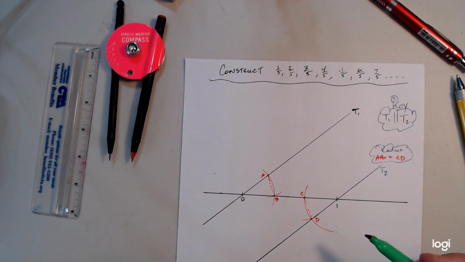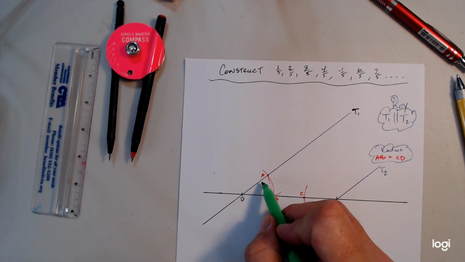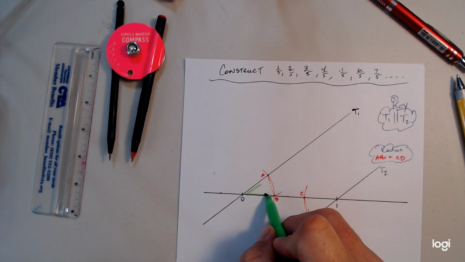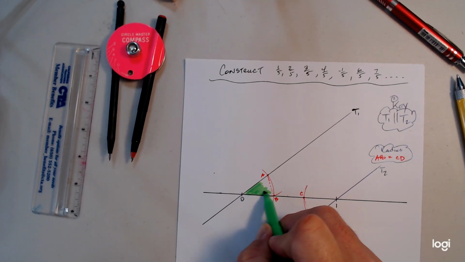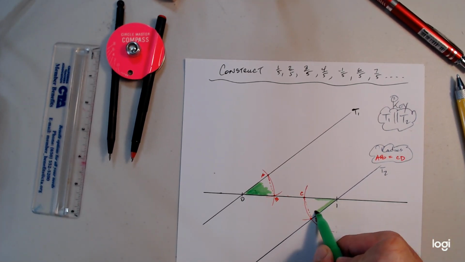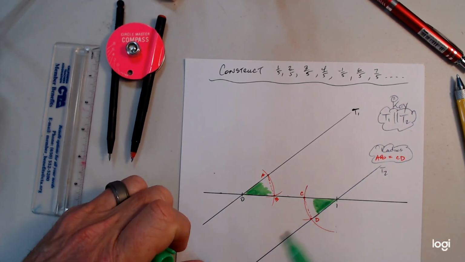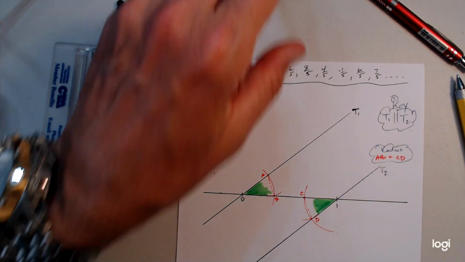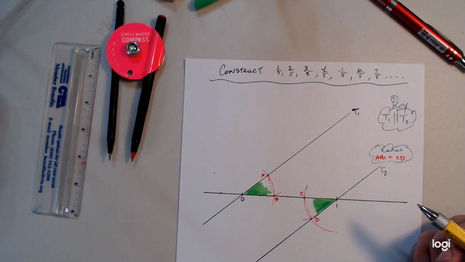I'm going to go back to geometry because I forgot to do this in my first construction. This angle that I'm highlighting in green, these angles are congruent because I constructed congruent angles. I don't know if you guys remember this from geometry, but these are called alternate interior angles.